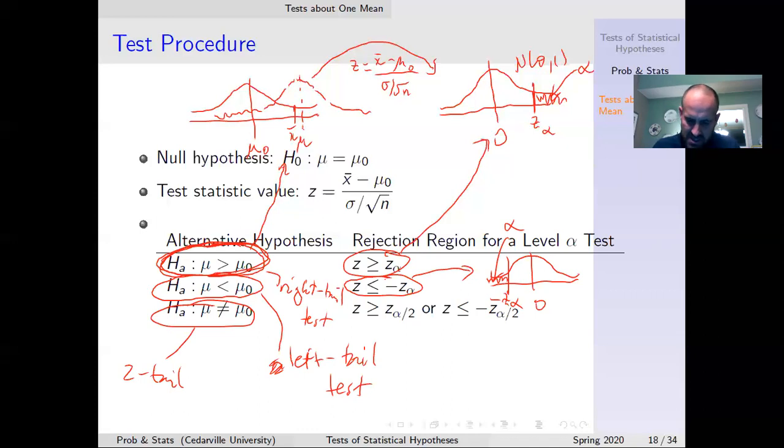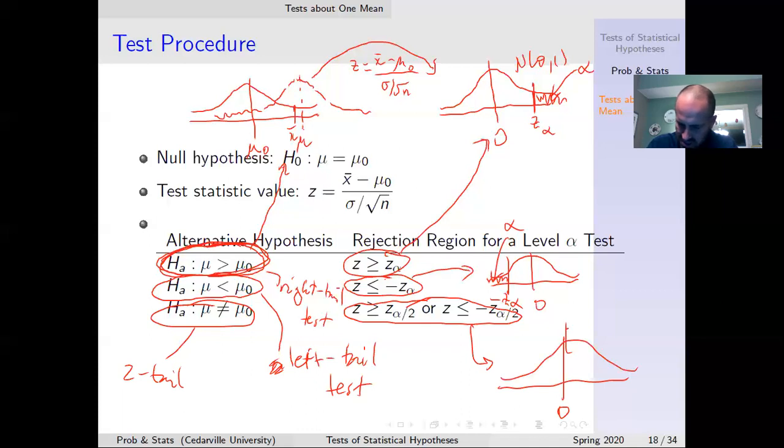And then again, this guy right here, this is a two-tail test, okay? So what's the rejection region going to look like here? Well, it's going to look like this once we convert to the standard normal. In this case, I am going to reject if I'm either too high or too low, right? And I want to split alpha between the two sides.